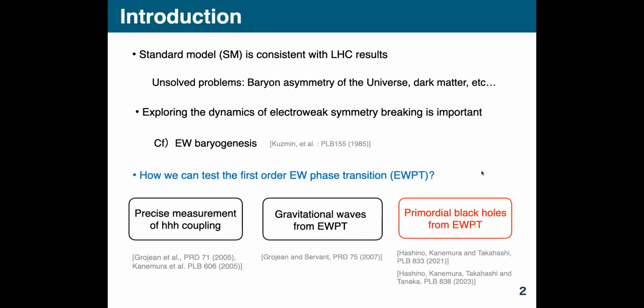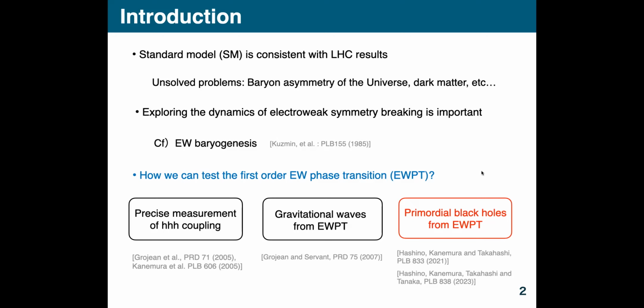Okay, so let's start the introduction. As is well known, the standard model in particle physics is really consistent with experiments like the LHC. However, the standard model has severe unsolved problems, like the baryon asymmetry of the universe, the existence of dark matter, and the origin of tiny neutrino masses.